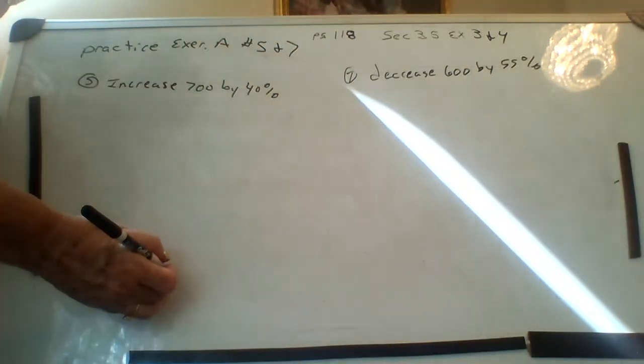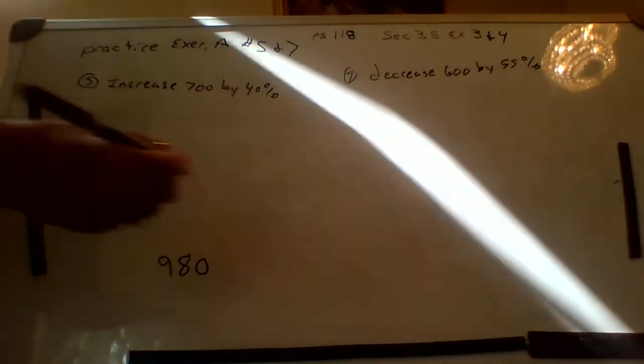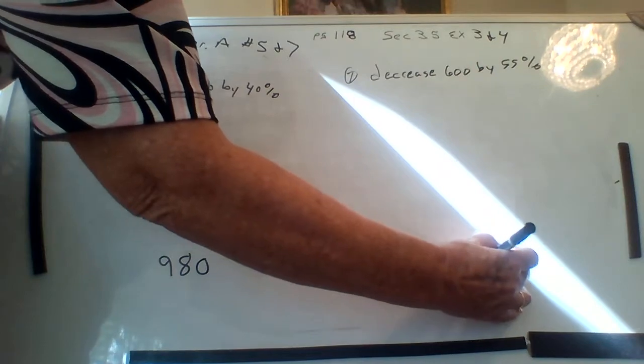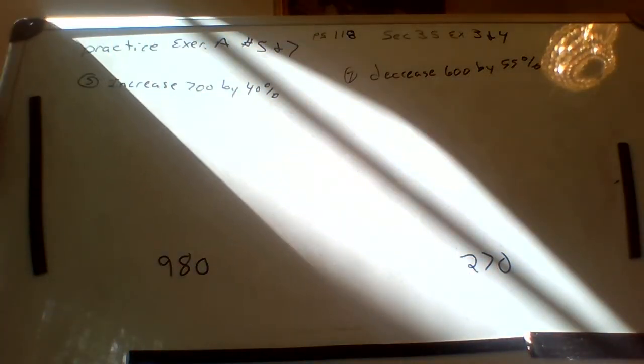So hopefully for number 5, your answer was 980, and for number 7, your answer was 270. So let's work the problem. If you got the right answer, you don't need to continue watching, unless you want to. So we increased by 40%.